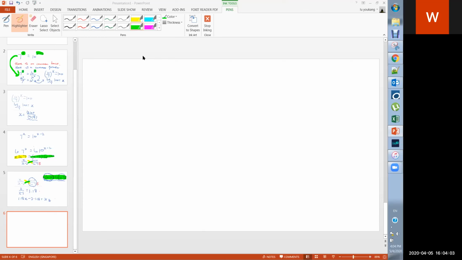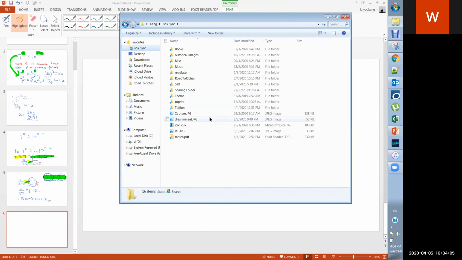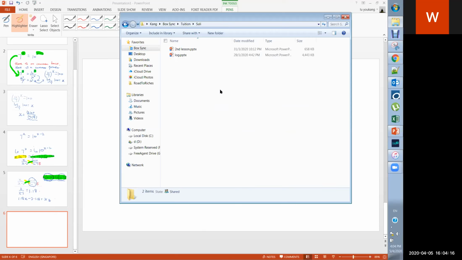I don't remember. Okay, before this lesson, did I teach you log both sides? No. So that means I have not taught you how to log both sides. But for all the questions, whether it's indices or logarithm, what method do we use?